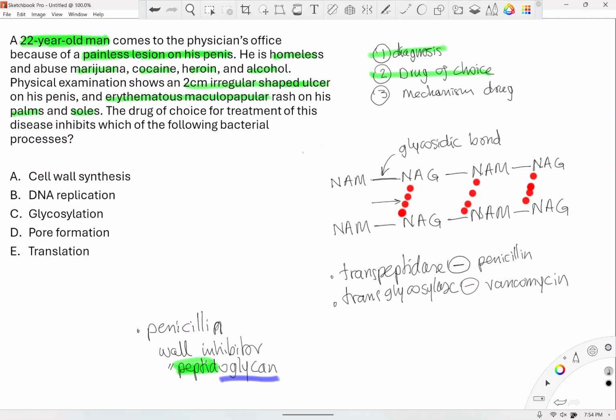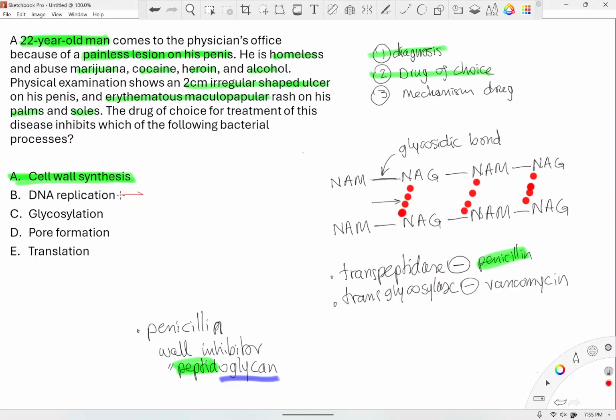Let's go to our choices. Now that we know our choice, we're looking for cell wall inhibitor, right? So which one is the cell wall inhibitor? Penicillin.